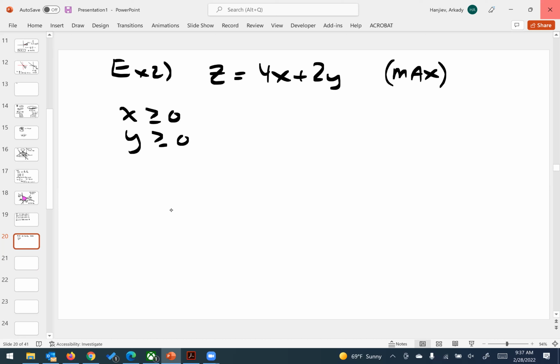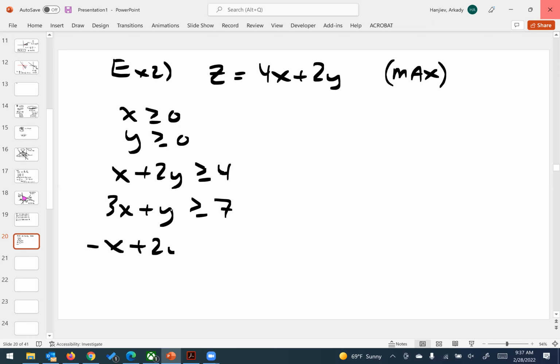I mean, if we're dealing with real objects, that's going to be true. And so we have x plus 2y greater than or equal to 4. We have 3x plus y greater than or equal to 7. And negative x plus 2y is less than or equal to 7.